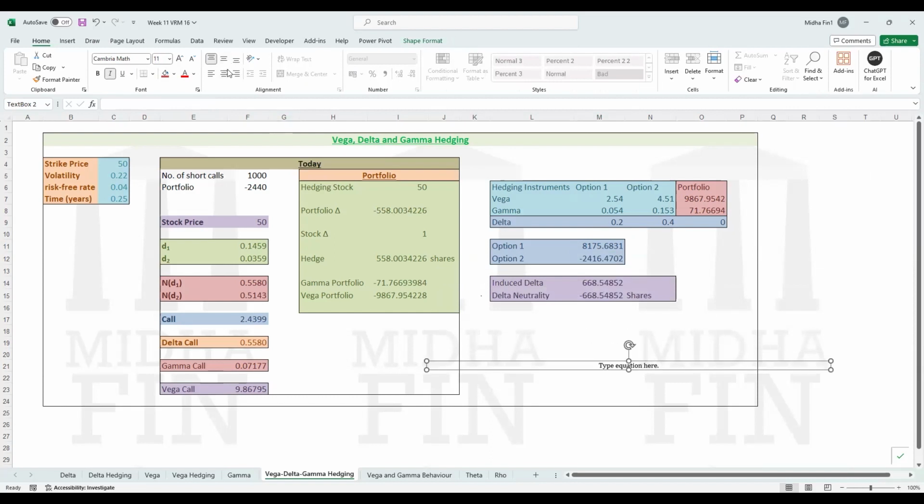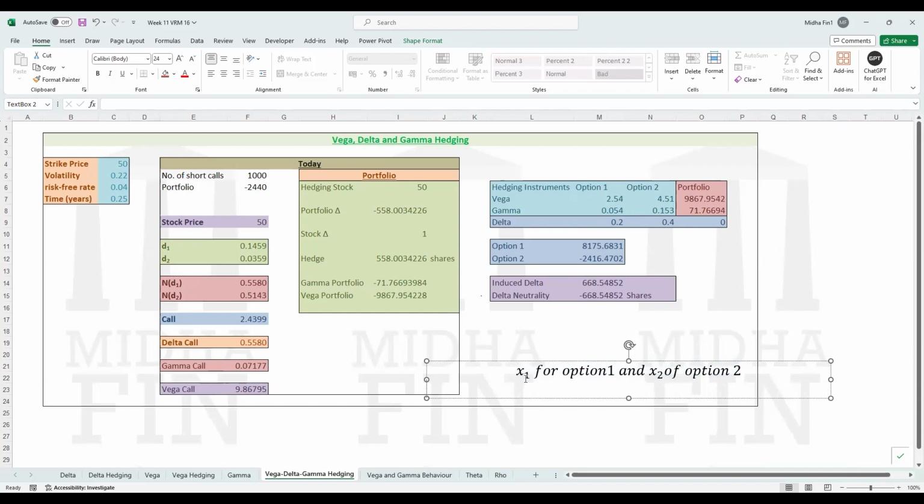I'll show, just a minute. Just build a hedge equation. So let's say you buy X1 units of option 1 and X2 units of option 2. Now let's start with vega. Vega for option 1 is 2.54 and for option 2 is 4.51.